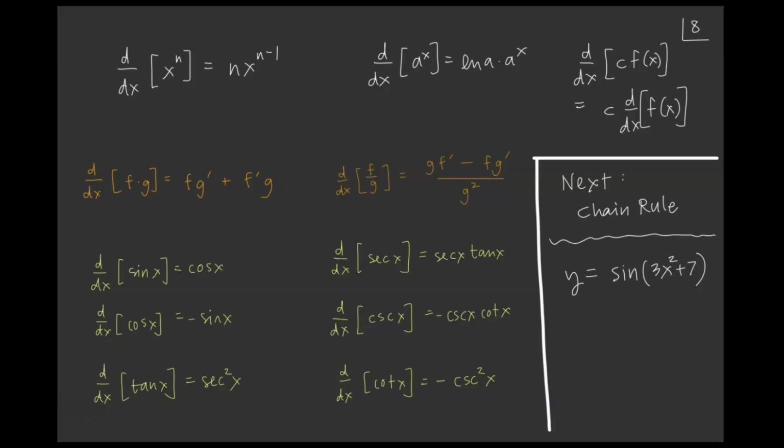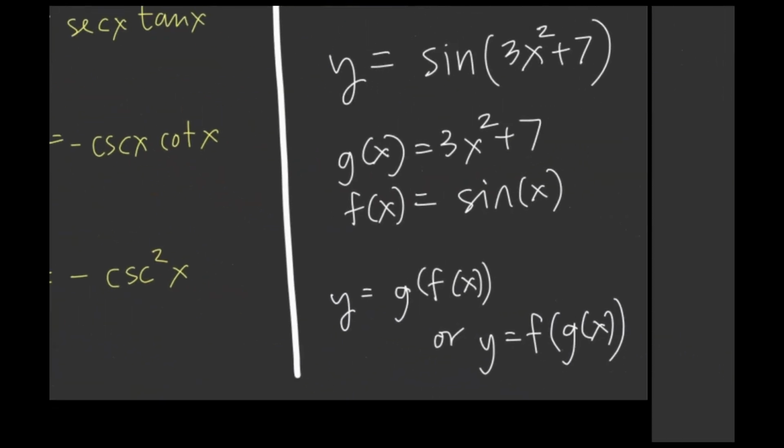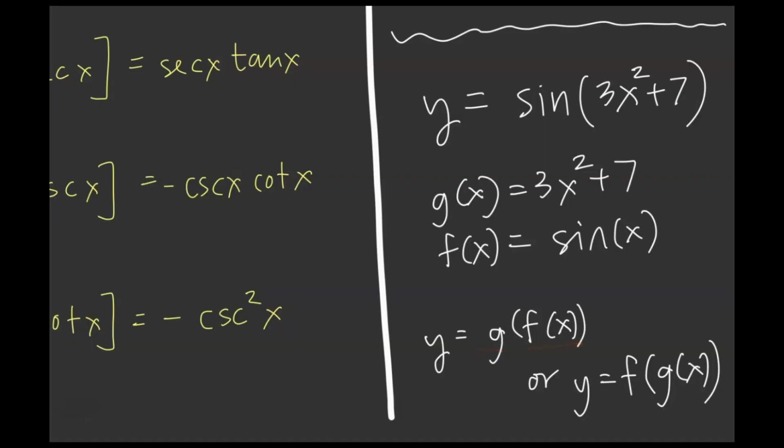If I told you that g of x is 3x squared plus 7, and that f of x is sine of x, could you write this as a composition of two functions? The question is, is y equal to g of f of x, or is y f of g of x? These tell us that we're composing two functions, but which one is it?